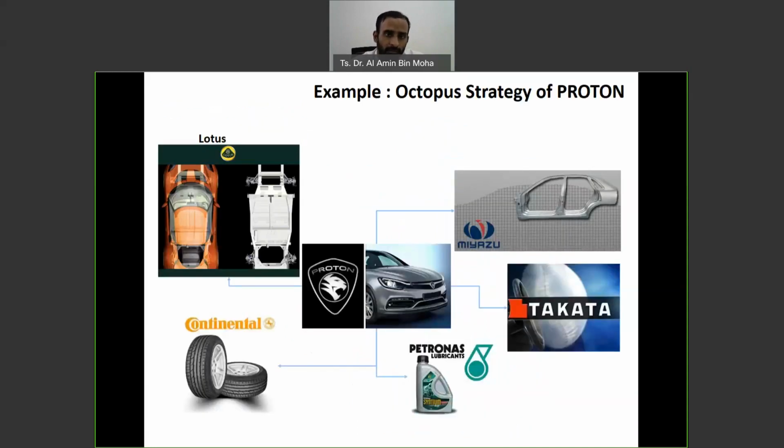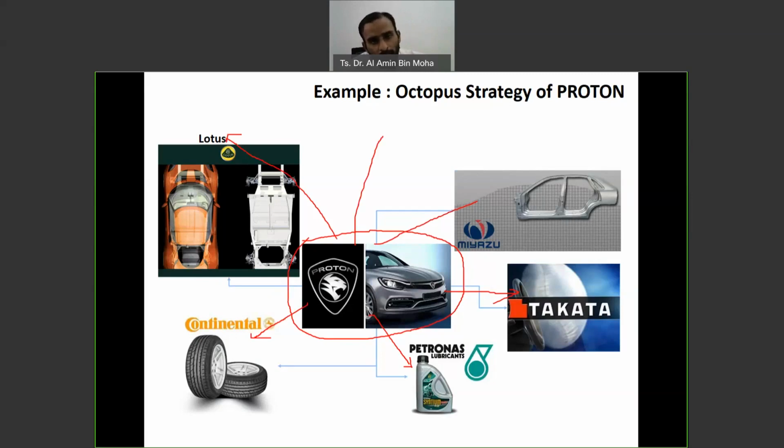Another example is Proton. We may not touch all the single components and details, but to give you a brief idea: for the Proton car, the body part is Miyazu, the airbag system is Takata, the lubricants are Petronas, the car tire is Continental, and the transmission engine is by Lotus, and they may have more.